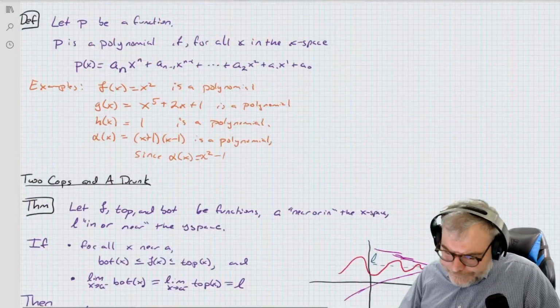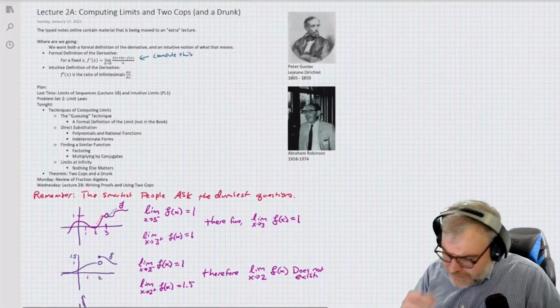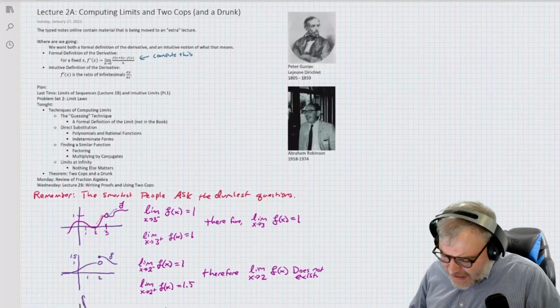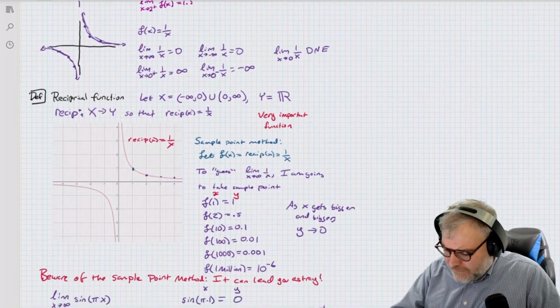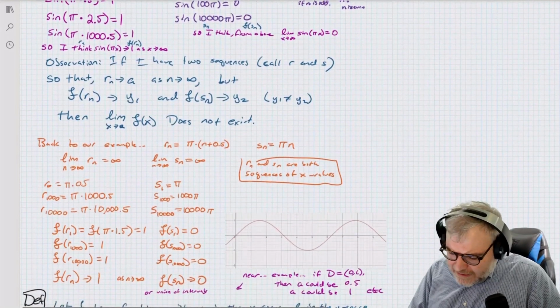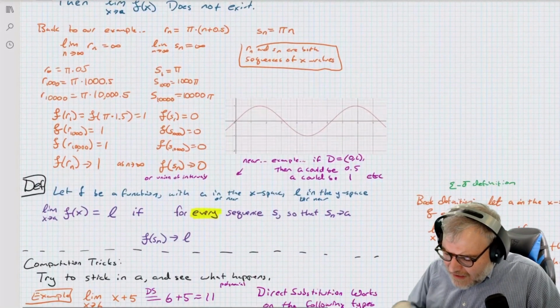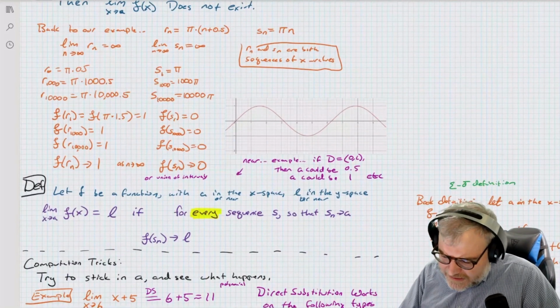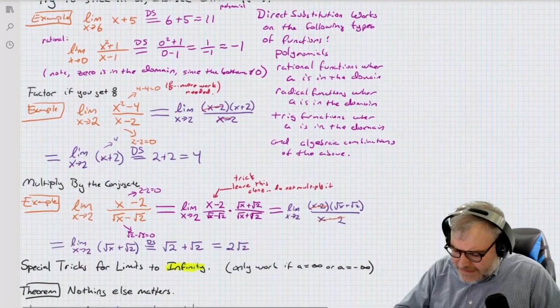All right, so what we've done today is we've gone over a couple ways to compute derivatives. We went over the reciprocal function, and we went over this idea that I could define the limit as if every sequence went to the same spot. And then I had a bunch of computational tricks.